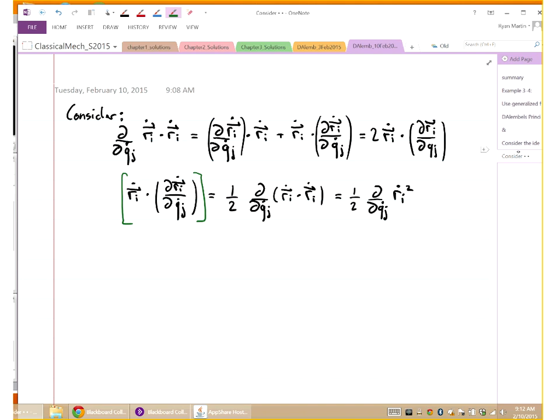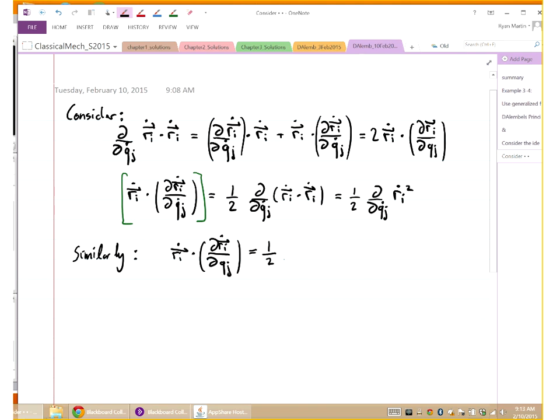Now similarly, in this whole thing, it didn't matter too much what the variables were called, and so it's trivial to show that ṙ_i dotted with ∂ṙ_i/∂q_j, so q_j not q̇_j, yeah?